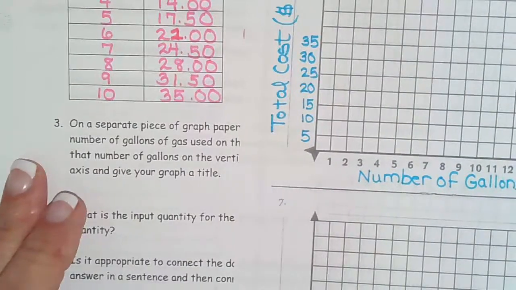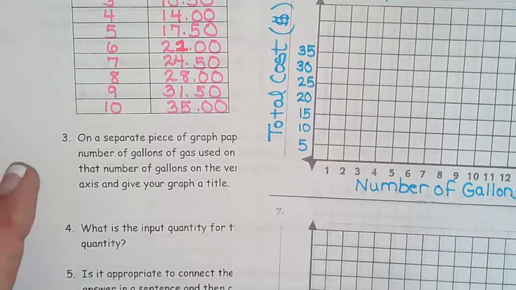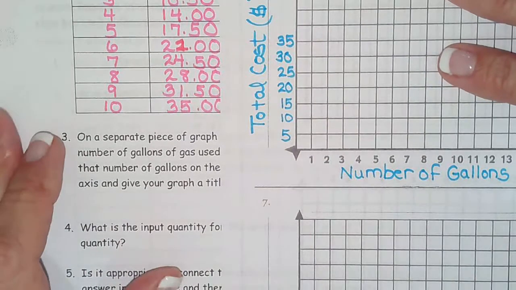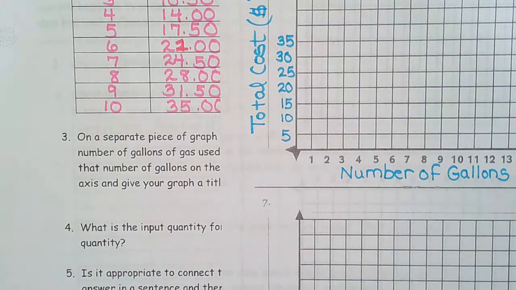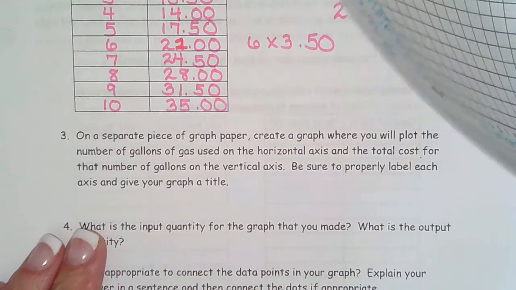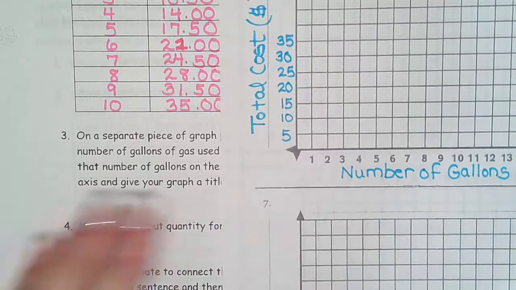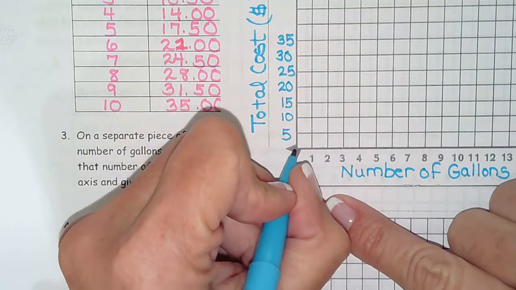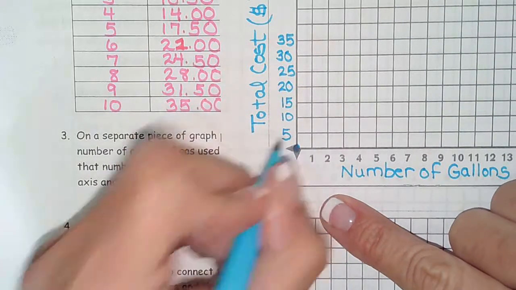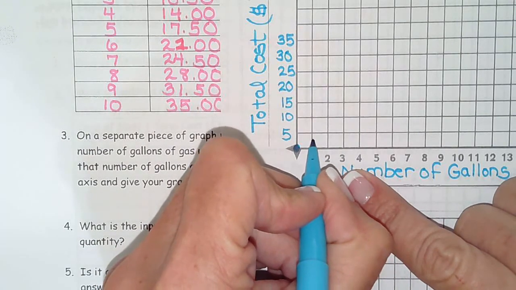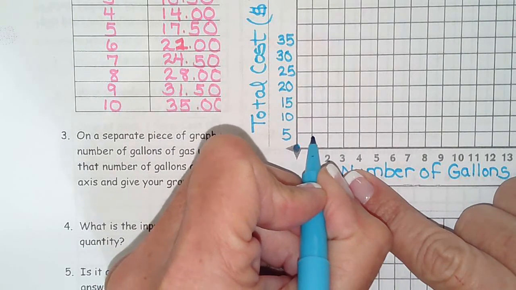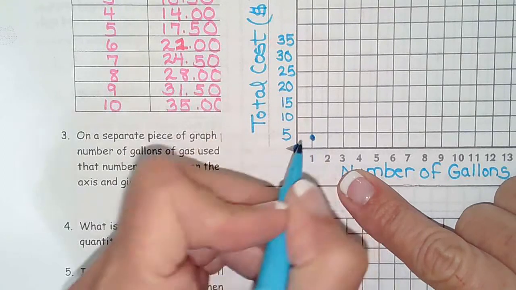So now we have to plot the points. So we have 0 goes with 0, so that would be right here. 1 goes with 3.50. Well, 2.50 is half of 5, so it's going to be just a tad bit above half.